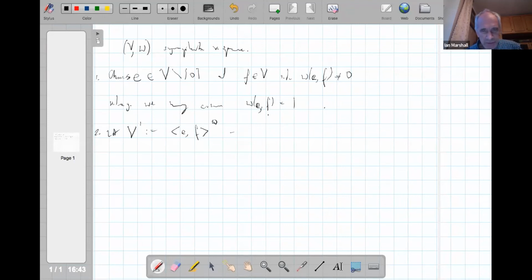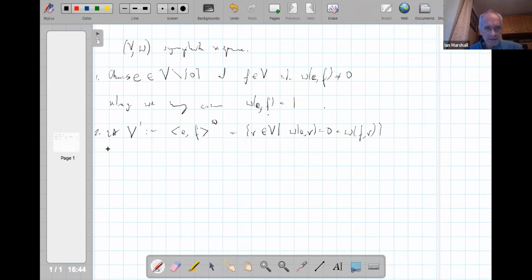This is equal to the set of all v in V such that omega(e, v) equals 0, and that's also equal to omega(f, v), because e and f are a basis for this, so if it's 0 for e and f, it's 0 for any element in this subspace.